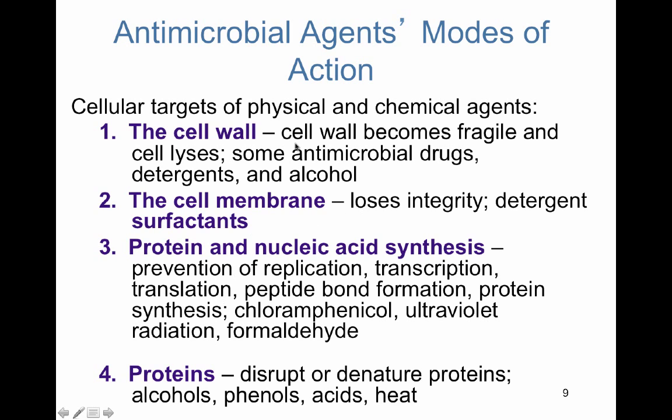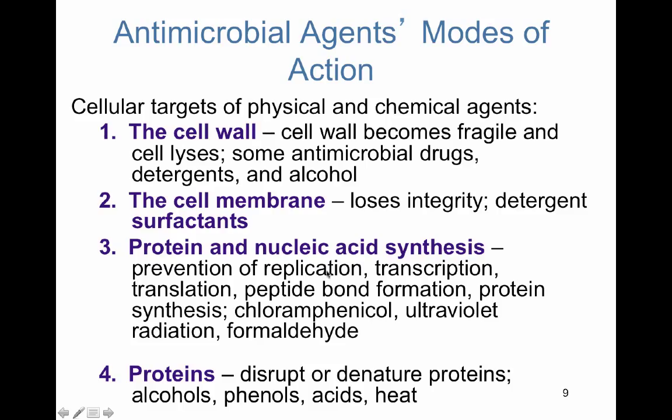Now, there are many different agents here that will specifically target a protein, so it will cause the protein to be misfolded. Another word for this is denatured, and then it won't work effectively. Or these agents will target the machinery that is required to synthesize nucleic acid or the protein. So the ribosome, maybe this chemical, or even a lot of antimicrobial drugs target the ribosome.